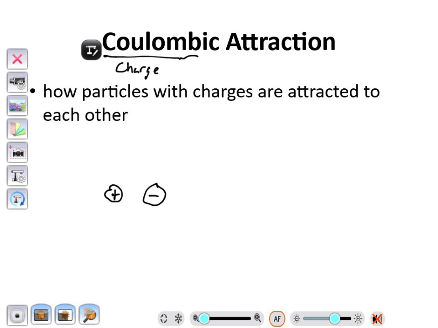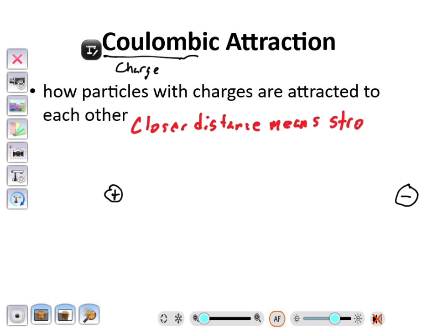But a lot of times that's a lot harder because there's more distance between you. In the same way, Coulombic attraction is a lot weaker when you have a lot of distance between your two charges. Okay? Questions on how distance affects Coulombic attraction? Okay? So that's the first thing. Closer distance means stronger Coulombic attraction.